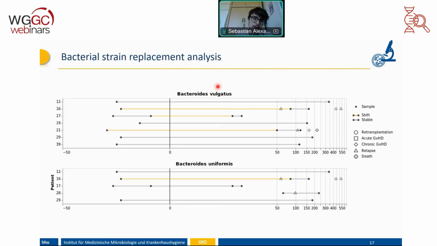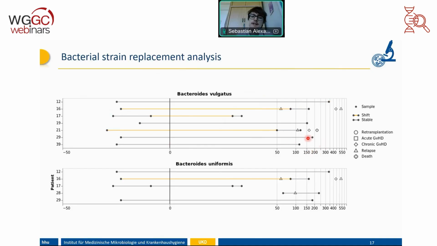You can see here an example for Bacteroides vulgatus for these patients, 12 to 39. We could detect Bacteroides vulgatus before transplantation, then they were transplanted, and we could detect them after transplantation.